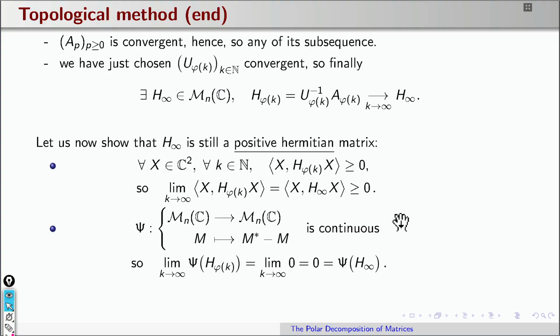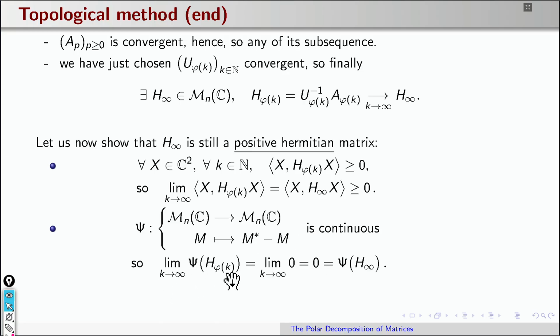Same for Hermiticity, self-adjointness. You can have an abstract formulation. You can say that this map psi is continuous, and then it means that the level set of 0, psi minus 1 of 0, is closed, because 0 is a singleton. And so if it is closed, a convergent sequence has its limit inside. So the limit should be inside.